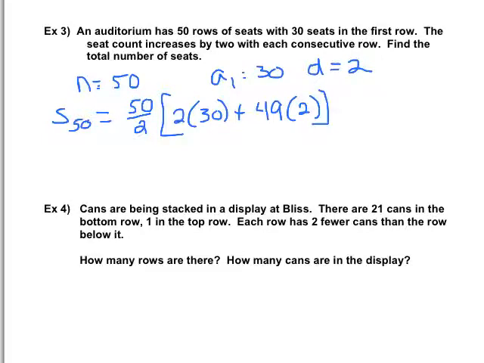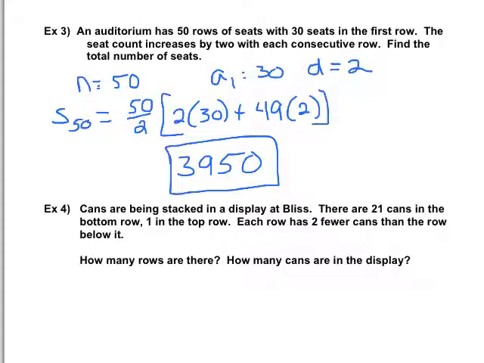So you substitute all of that in, and you end up with 3,950 auditorium seats. So if you didn't work through this problem by yourself, you should go back and make sure you understand where all those numbers came from. And we're going to be working more of these problems in class.